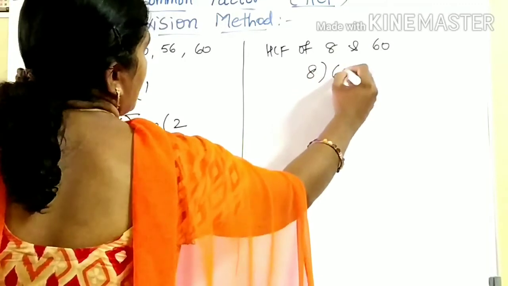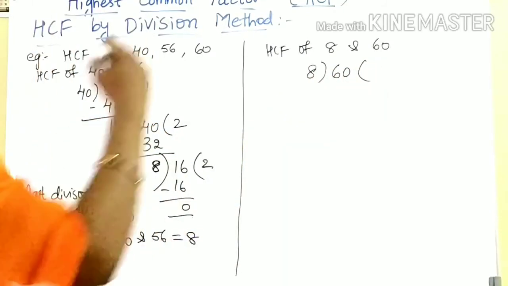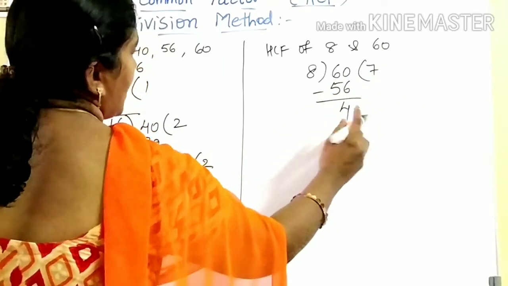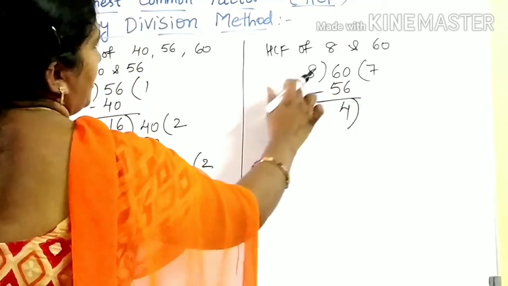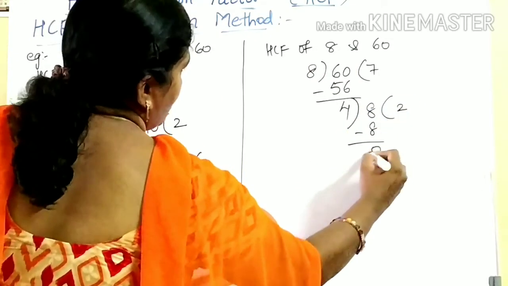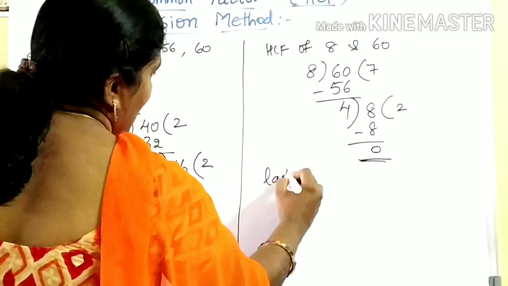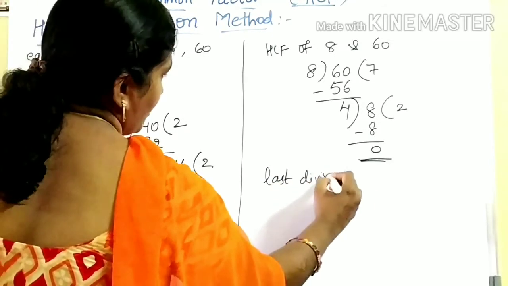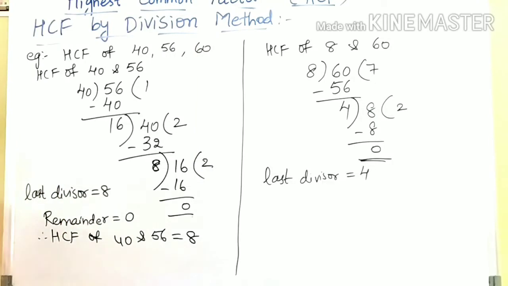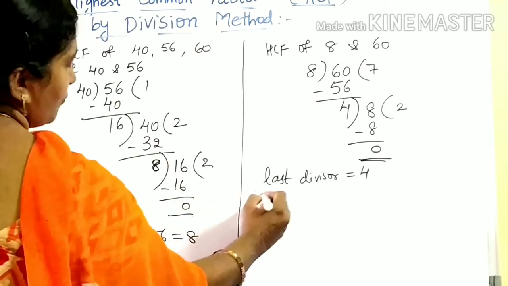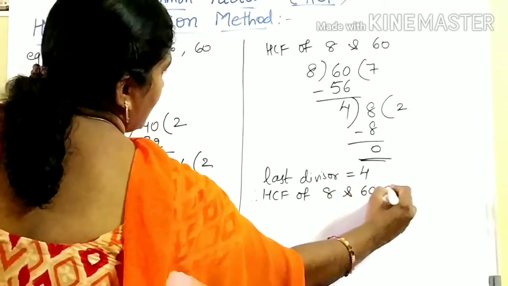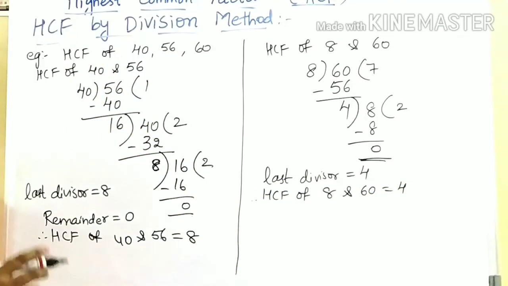So, divide 60 by 8. 8 sevens are 56. 4 is the remainder. Now, this will become the divisor and the previous divisor will become the dividend. 4 twos are 8. Now, you got the remainder as 0. So, what is the last divisor in this? 4. So, the HCF of 8 and 60 is 4.